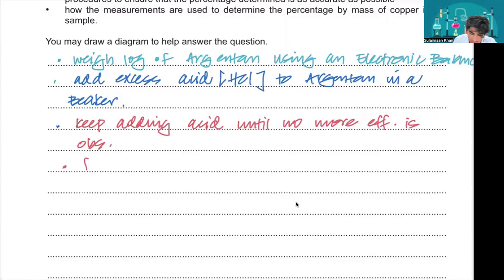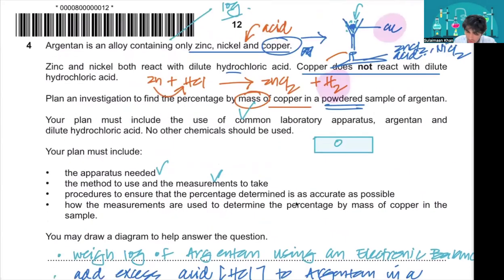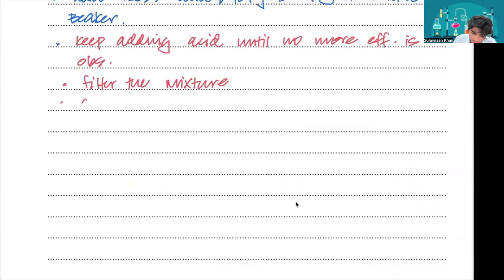Then I filter the mixture. Once I filter it, obviously copper is obtained as residue. And then what do I do? I wash it with distilled water.